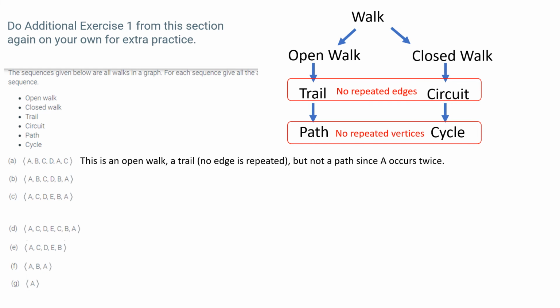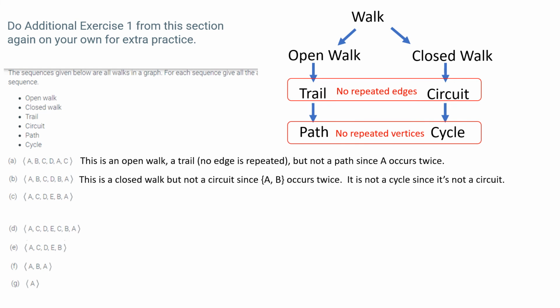To get from A to B, I'd walk on that edge, but then I also have to go back from B to A at the end. So that edge, AB, I'm walking on more than once. So it's a closed walk, but it doesn't even make it to the category of circuit since the edge AB occurs twice. And you could say, well, what about trying to look at the definition of cycle?